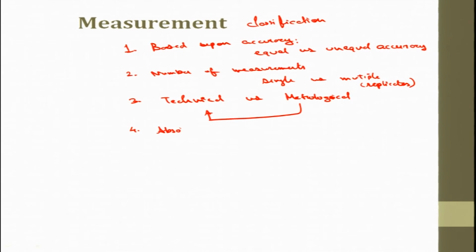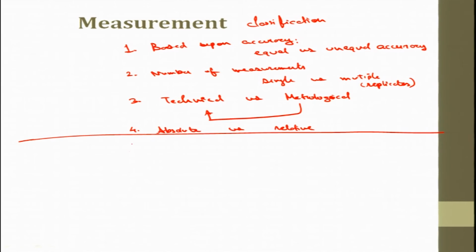We have discussed this. Absolute versus relative. In absolute measurement we have an exact zero, and in relative measurement the ratio of some quantity is taken. So there are various other ways. Next we can discuss something here about how the theory of measurement is devised.